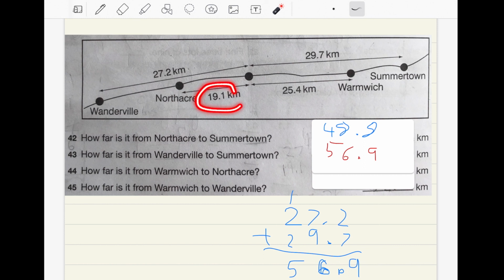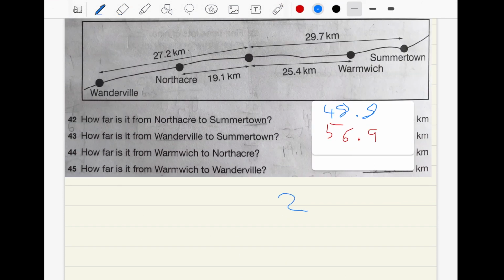So it is 19.1 km plus 25.4 km. So then I add it together, and that is how far it is from Woolwich to Norfolk.